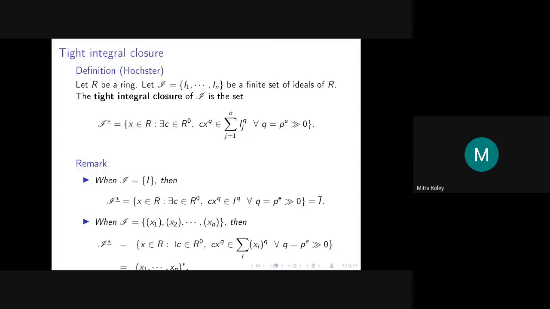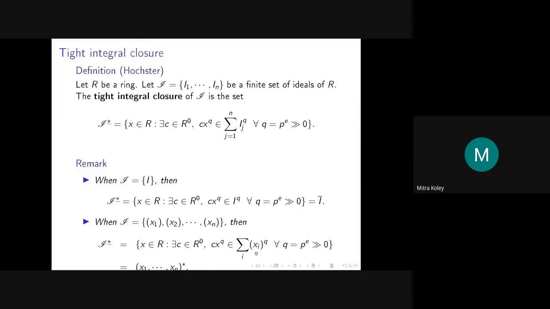The next case is when script I is a set of principal ideals, generated by x1, x2, up to xn. Then the tight integral closure is again, using the definition, the set of all elements in R such that there exists a c in R° such that c x^q is in the sum on the right hand side here, and this should hold for all q.